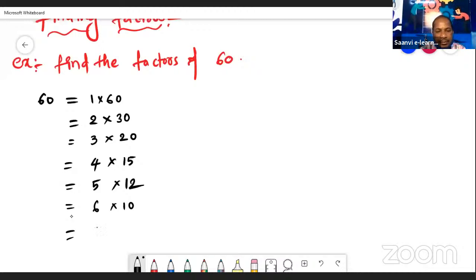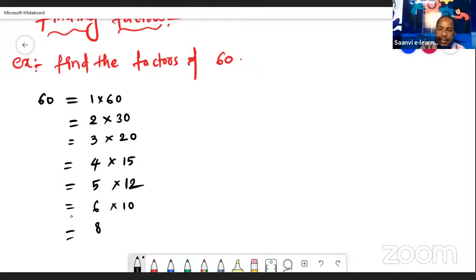Now check by 8. Does 60 divide by 8? To check it, recall the 8 table. 8 1s are 8, 8 2s are 16, 8 3s are 24, 8 4s are 32, 8 5s are 40, 8 6s are 48, 8 7s are 56, 8 8s are 64.